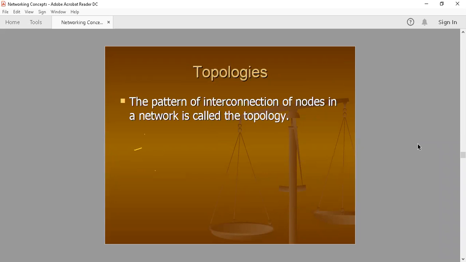The pattern of interconnection of nodes in a network is called the topology. Nodes are nothing but workstations, systems or devices in a network.